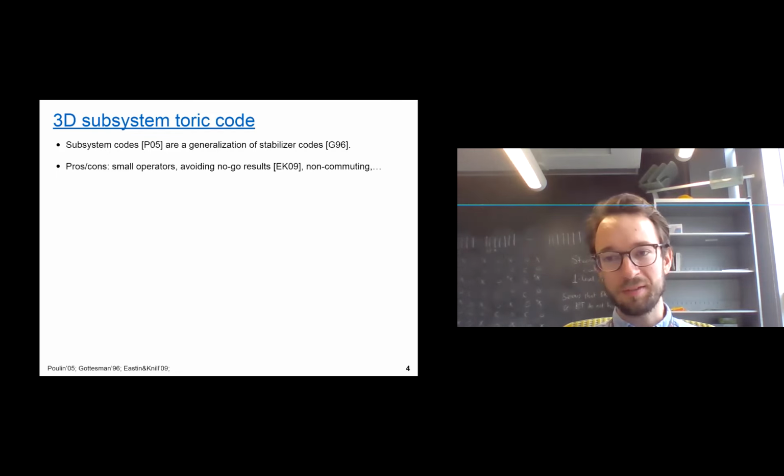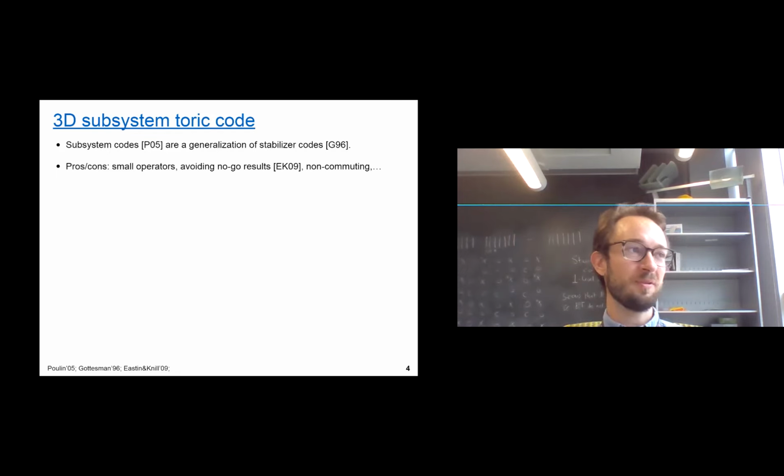I always thought this sounded slightly strange, like, why would you want to do that? But it turns out that you can measure the logical operators of these gauge qubits, and these become your gauge operators, and we'll see why this is something you might want to do.